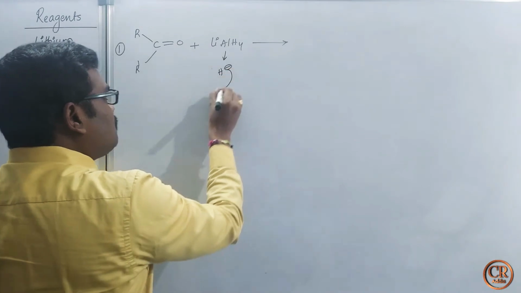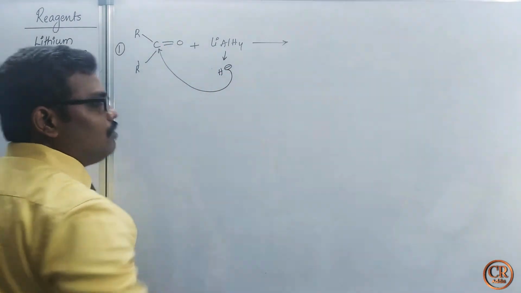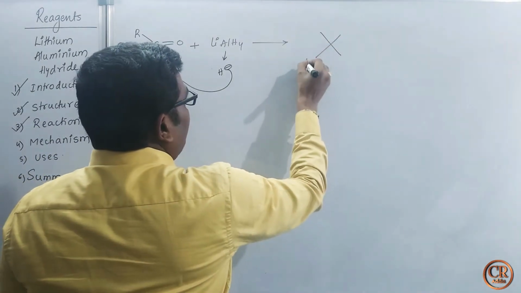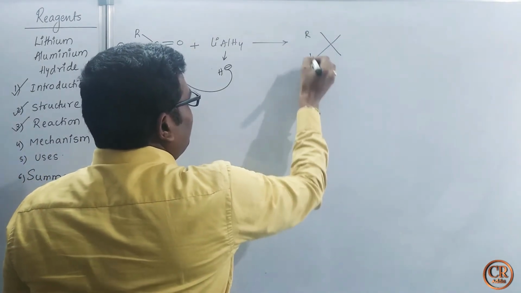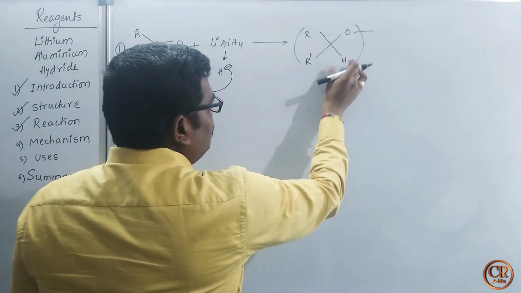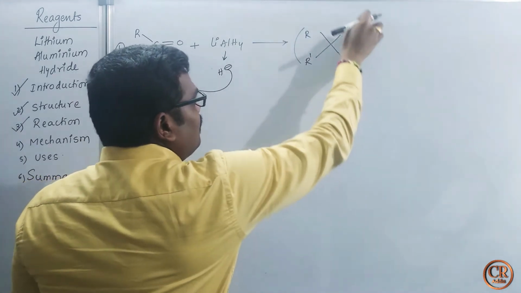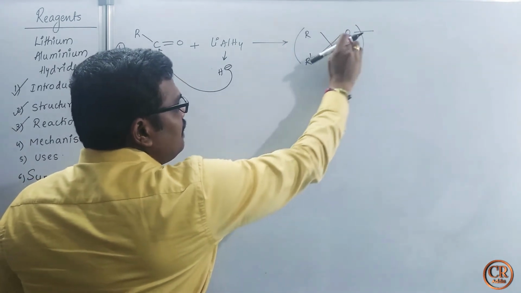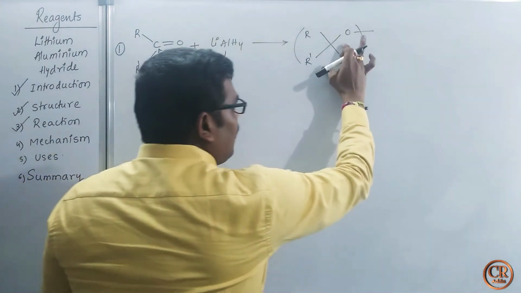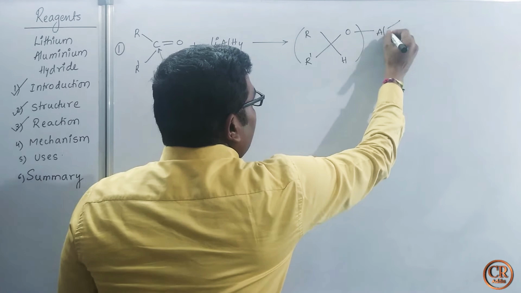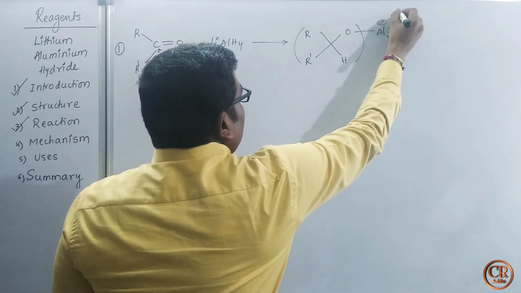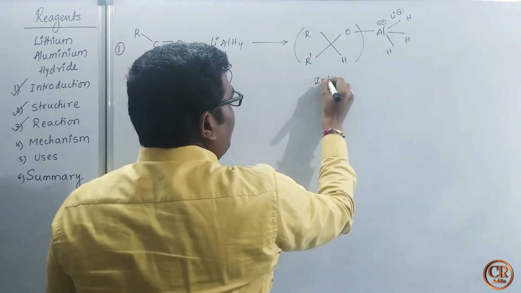It donates H minus ion to the positively charged carbonyl carbon. Then we get an intermediate. In this intermediate, one alkoxy group, completely called alkoxy group because it is alkyl and this is oxygen. One alkoxy group and 3 hydrogens are bonded to aluminium. So this is intermediate 1.